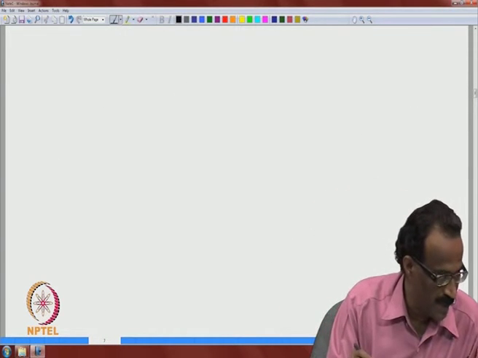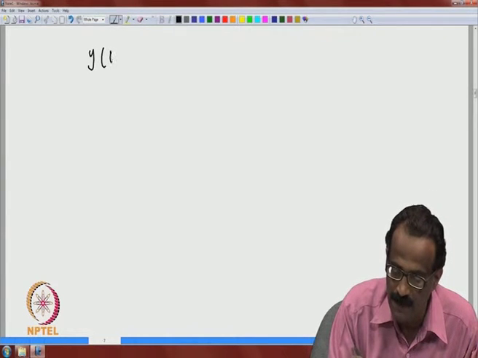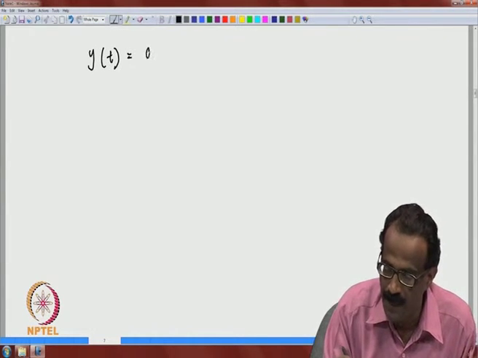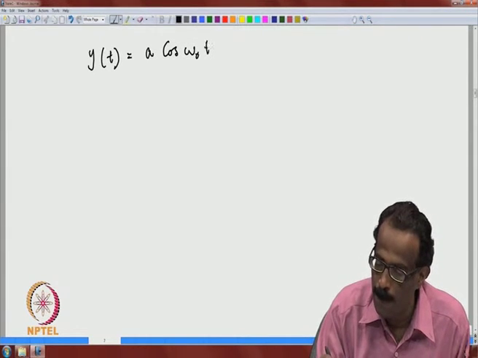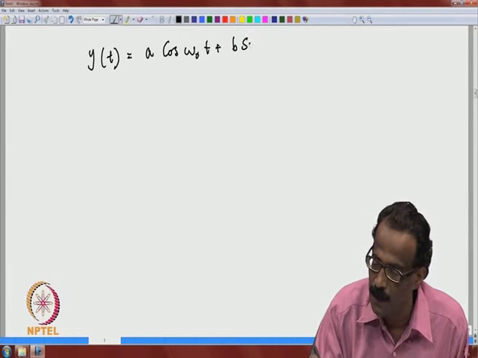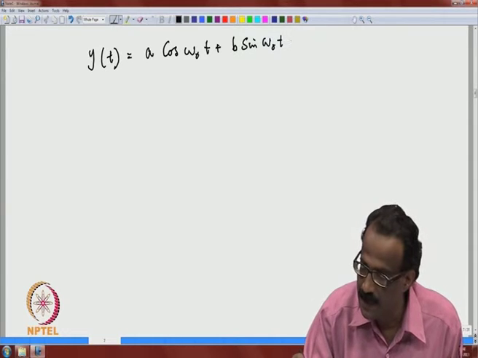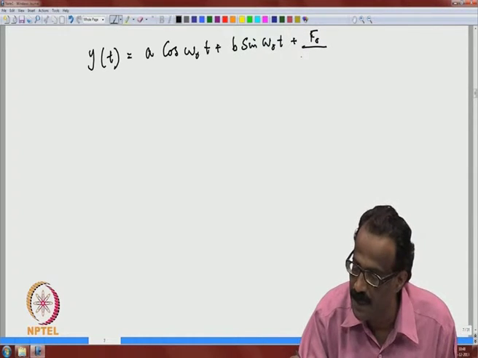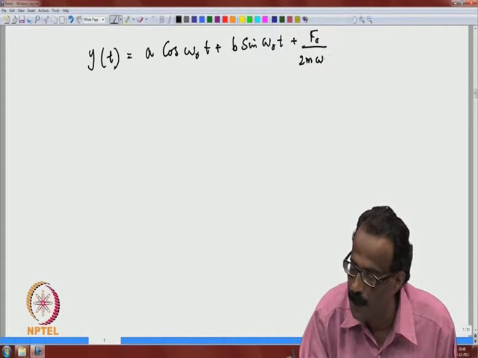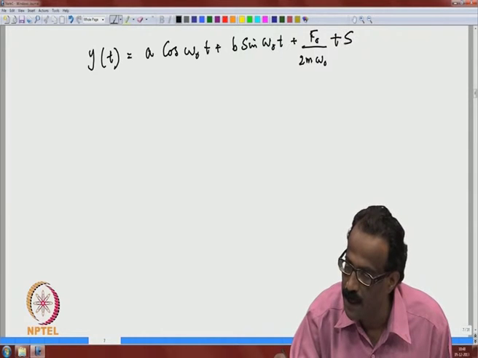The solution, let me write again here, will look like this: y(t) is equal to a cos omega naught t plus b sin omega naught t, plus, this is the difference here, f naught by 2m omega naught into t sin omega naught t.